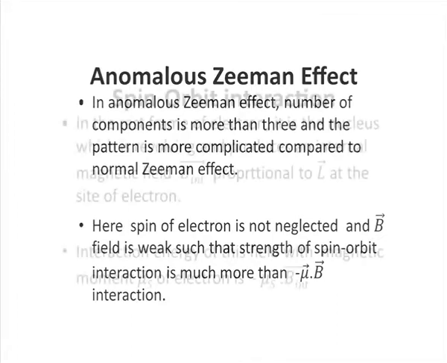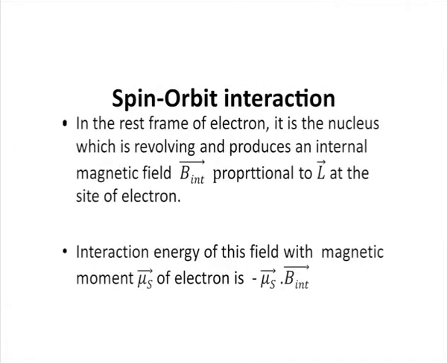Now, what is spin orbit interaction? In the rest frame of the electron, it is the nucleus which is revolving and produces an internal magnetic field B_internal proportional to the L vector at the site of the electron. The interaction energy of this field with the magnetic moment mu_s of the electron is the minus mu_s dot B interaction.